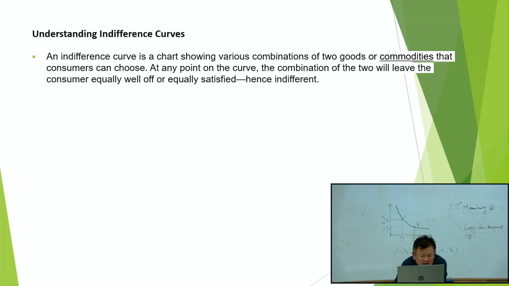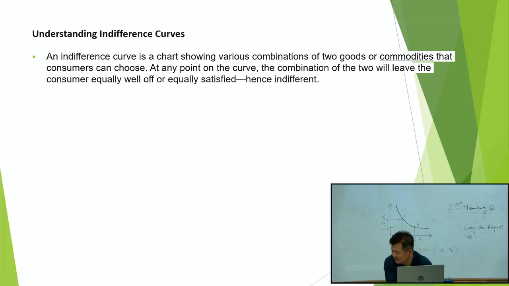So we understand the indifference curve is a chart showing the various combinations of two goods or commodities that consumers can choose at any point of the curve. The combination of the two will leave the consumer equally satisfied, hence, indifference.